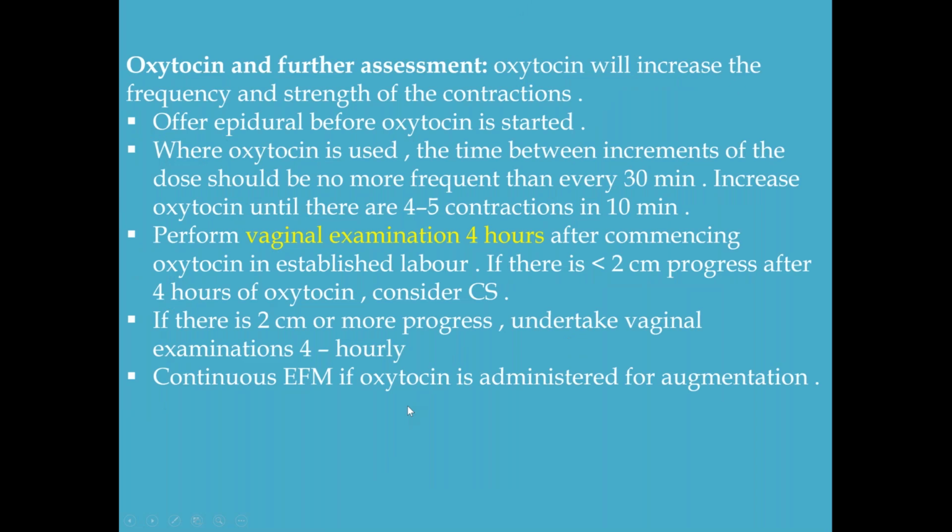And very important, if you give the patient oxytocin, you should do vaginal examination 4 hourly after commencing oxytocin in established labor. So not every 2 hours. If you give the patient oxytocin, you do vaginal examination 4 hourly.